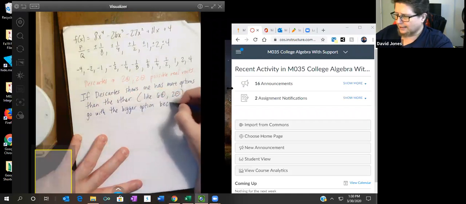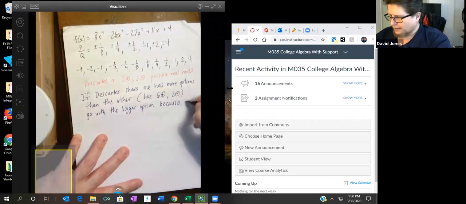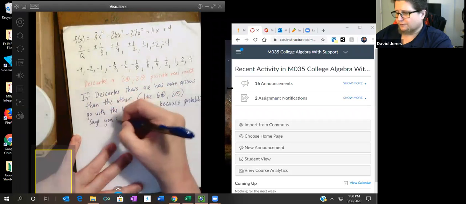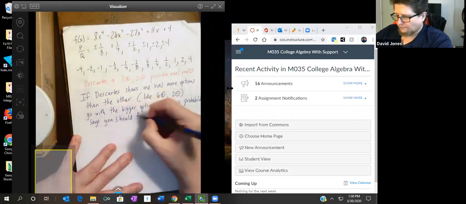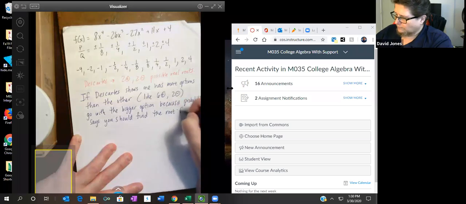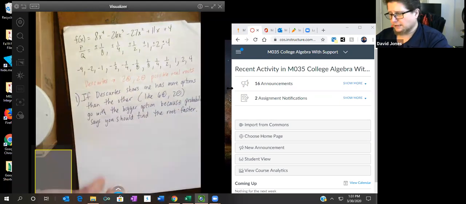Because you're more likely, probabilistically, because probability says you're more likely going to find the root faster. So that's pro tip number 1.